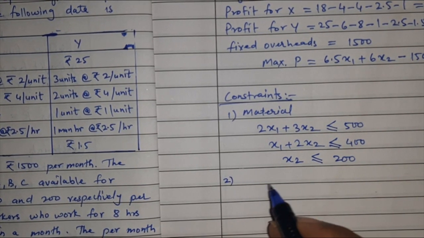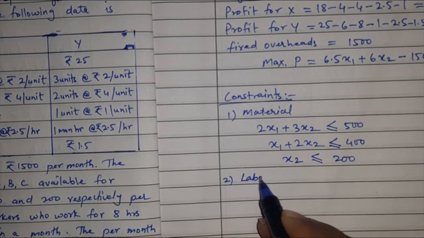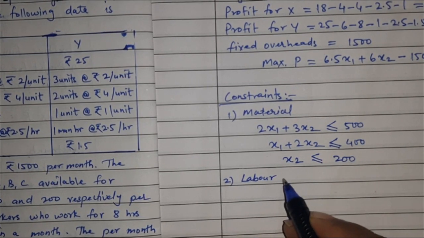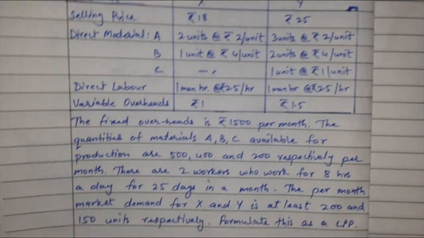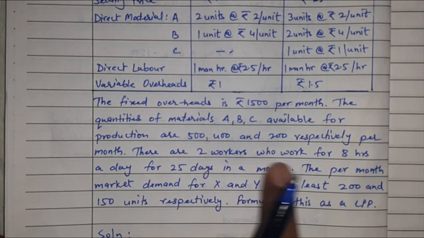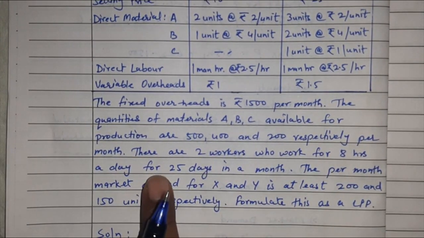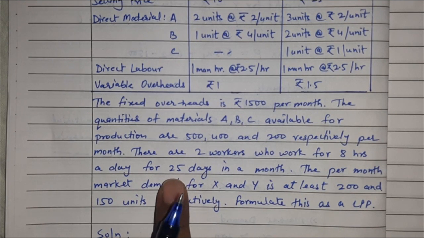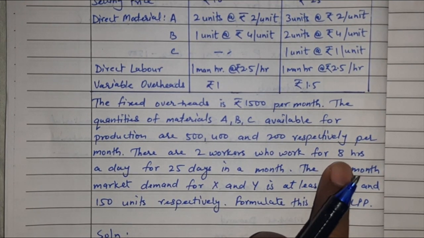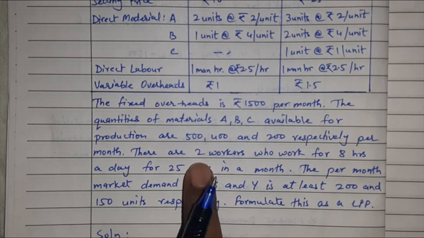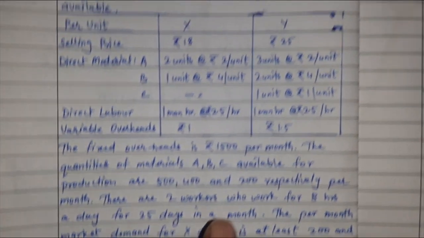Next constraint is my labor constraint. Now there are 2 labors given to us. They are working 8 hours per day and for 25 days. So 25 multiplied by 8 is 200 hours per labor. For 2 labors it will be 400 hours. Okay.